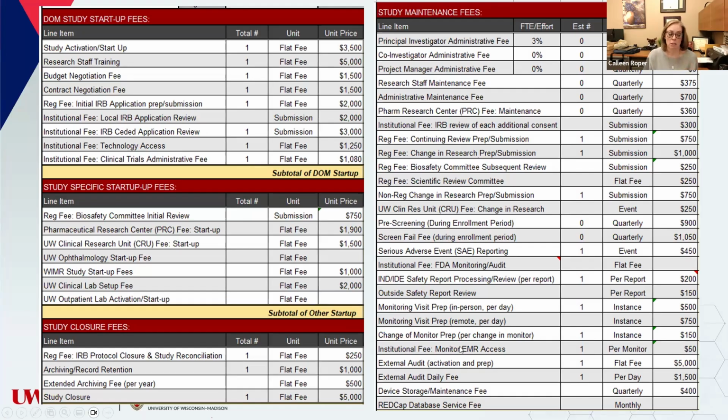So that is something that we know may be coming. We may end up putting that in as a site cost because it's not necessarily related to the procedures. It's related to keeping track of the data, but it's not specific to individual participants or visits. So we may just put it on as a site cost, and that could be a monthly fee. It could be quarterly, however you want to set it up. So that is an option to put things like that in.